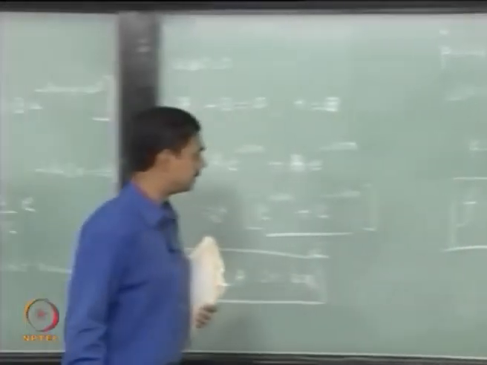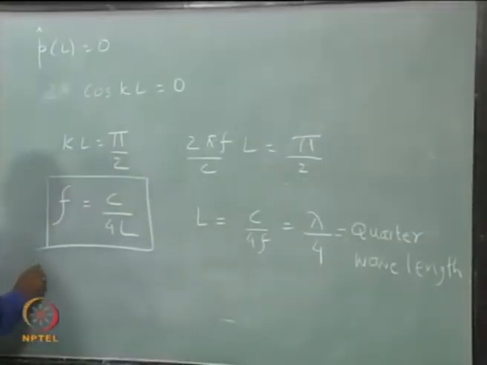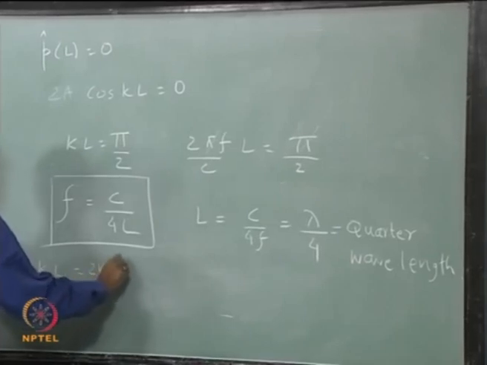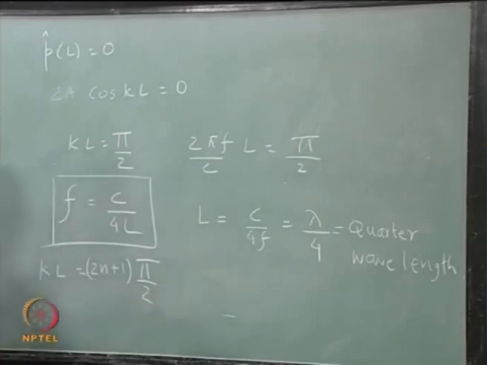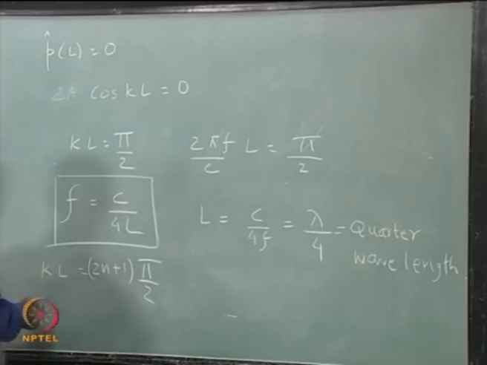Now we can get a general solution, so we can say that kL equal to 2n plus 1 into pi over 2, right. So k is 2 pi f over c.